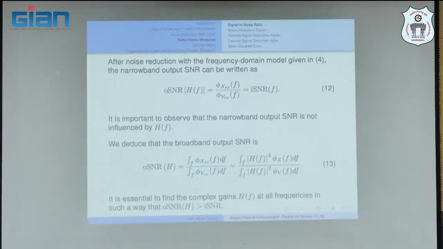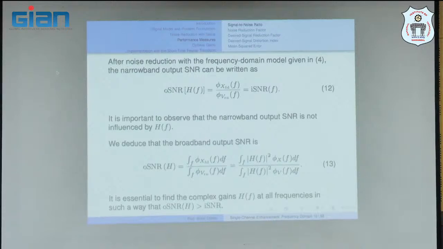Okay, so it's a vector from frequency 1, 2, and so on, or if you start with frequency 0. Okay, so it's a vector that contains all the gains for all the frequencies. So we need to find a vector, and we can normalize it generally. Okay, so we don't care about the denominator because it's anyway normalized such that the norm is constant. And then we need to find this vector H such that the numerator will be maximized.